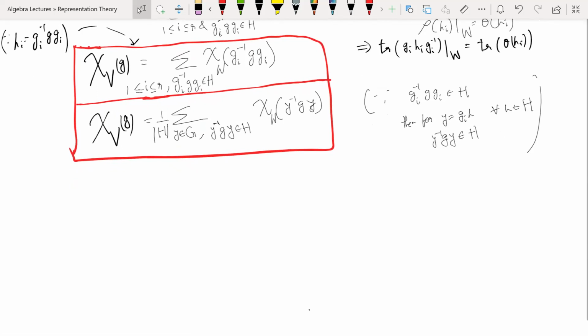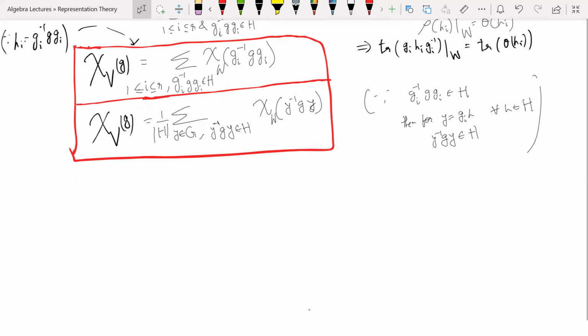I told you that even if you start with an irreducible representation, the induced representation need not be irreducible. For instance, the regular representation is also an induced representation, but it's far from irreducible.